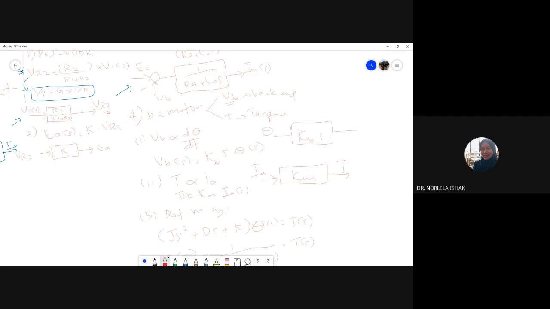The input is theta and the output is VB.